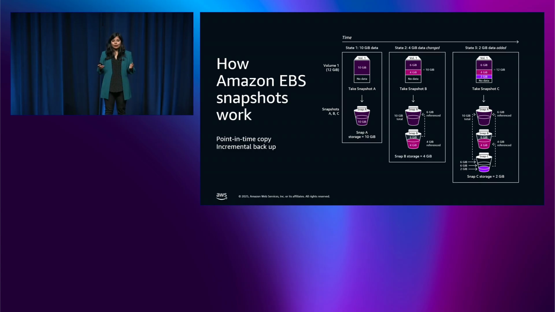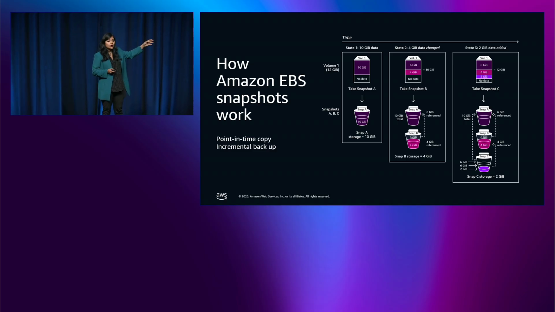If there is no snapshot existing, we will first take the full snapshot. In state two, let's say you made a change of 4 gigabytes. In that state, we are not going to take the full snapshot again. We are only going to take the snapshot of 4 gigabytes and refer to snapshot A for the 6 gigabytes of data that you have not touched. That way, we are not duplicating, and you are not paying multiple times for the full snapshot.